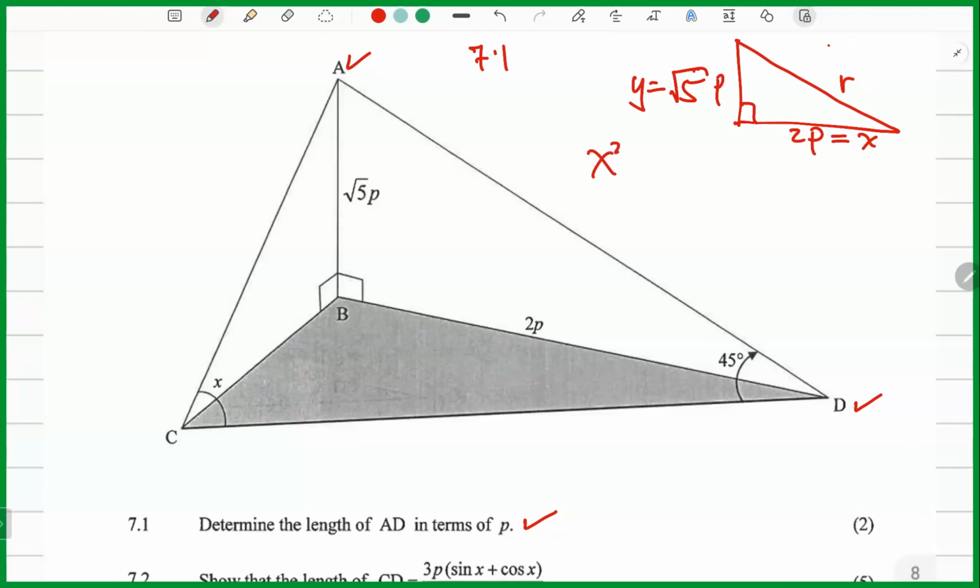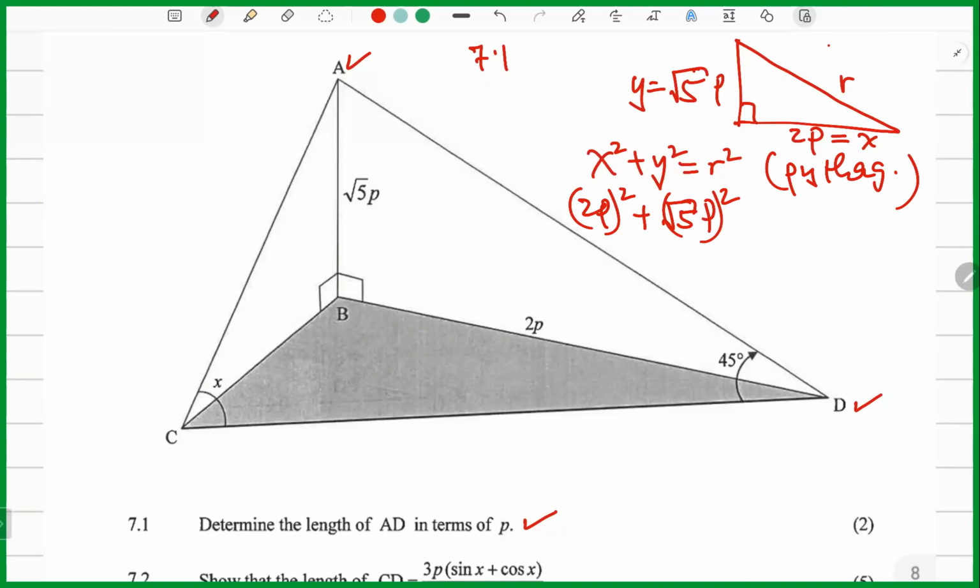So we know that x squared plus y squared is r squared, and this is Pythagoras. So x is 2p, squared gives 4p squared, and y is the square root of 5p, squared gives 5p squared. You add them up, which is 9p squared, which is r squared.